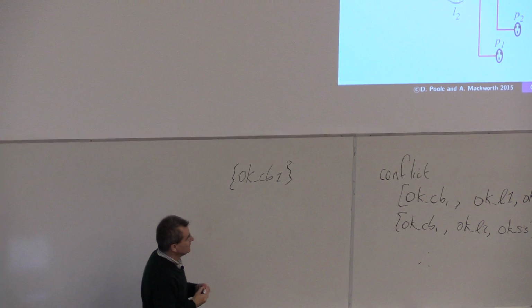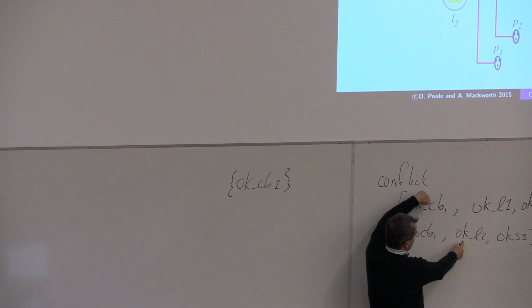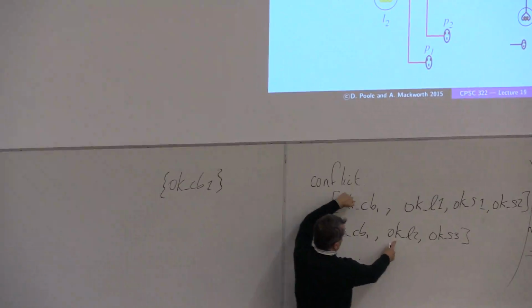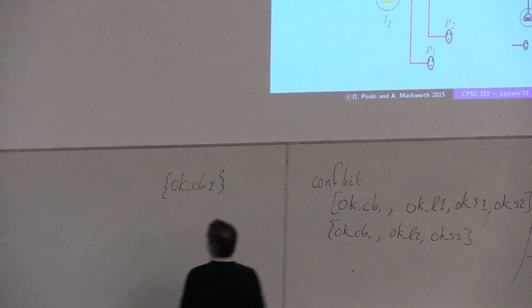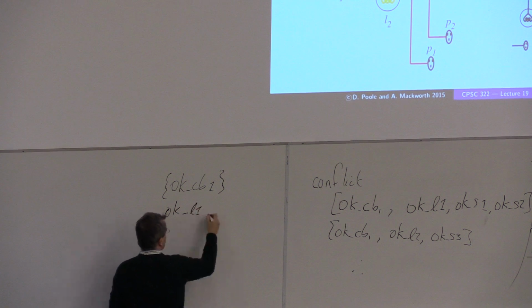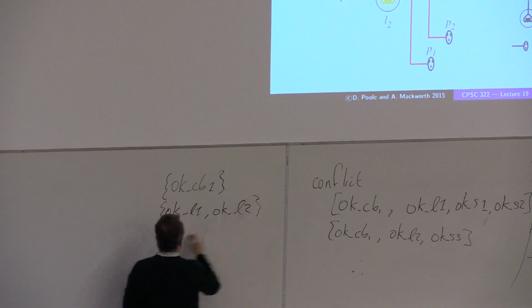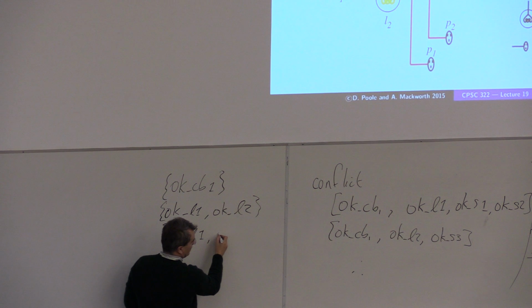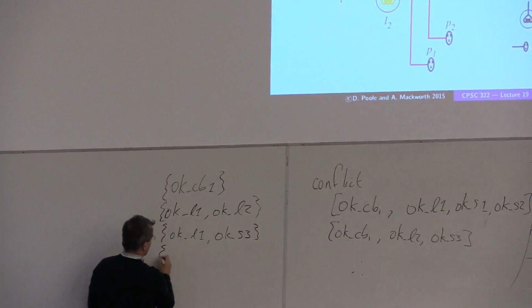And another one: we need a set with an element from each of these. So you can have OKCB1 and OKL1, but that's not minimal. We can have OKL1 and OKL2. OKL1 and OKS3.